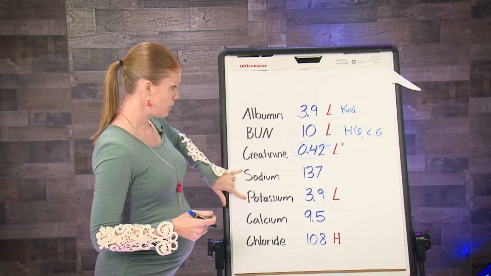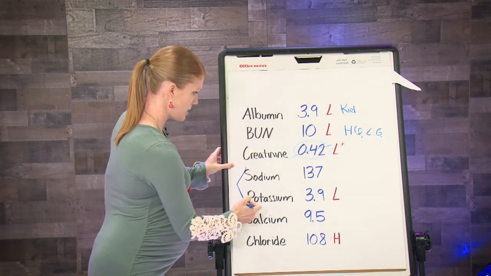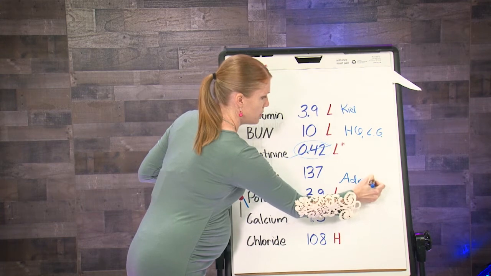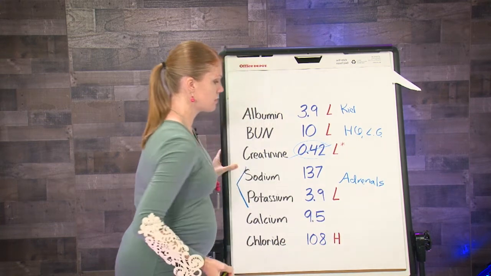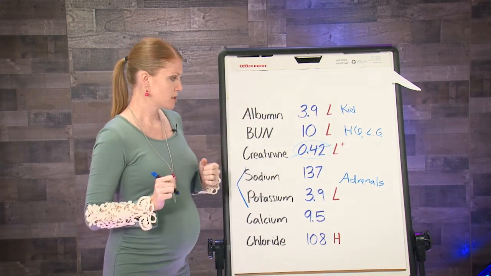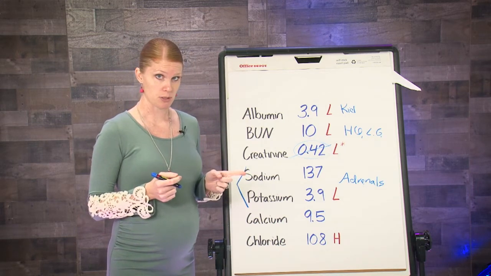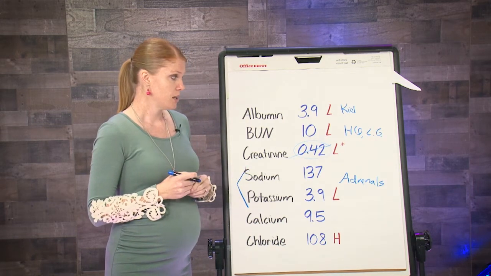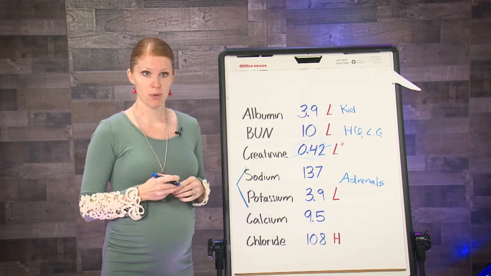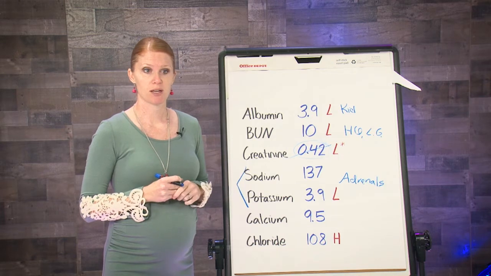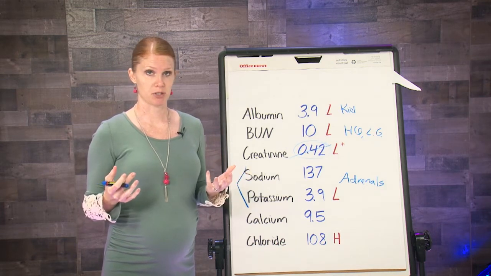Then we get into sodium and potassium. Remember, these guys go together because we're looking at adrenals. Now, I will also tell you, when she came in to see me about a year ago, her parents got divorced. Her dad dropped the bomb on her mom that he had been cheating for quite a while and moved out with his fling and basically left mom and the 3 girls.